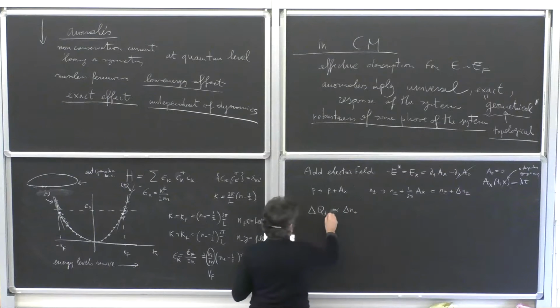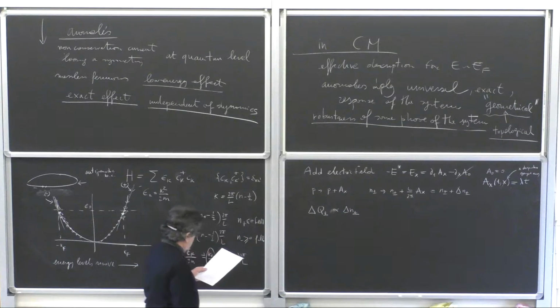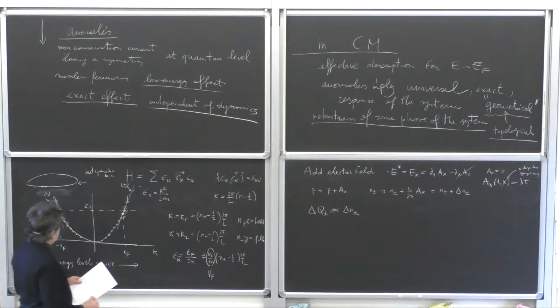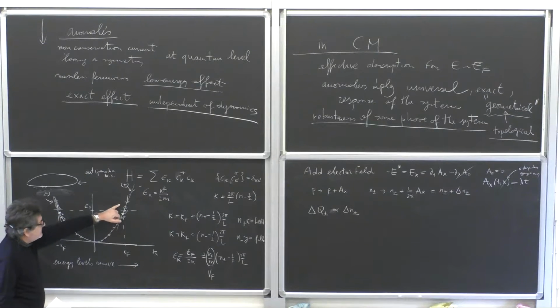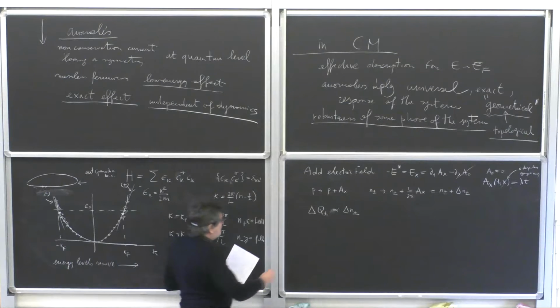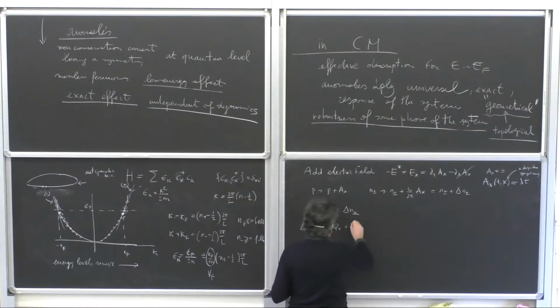So you see that the total charge is conserved, because here you get a negative charge and here you get a positive charge. So delta charge, which is delta Q plus Q minus, is equal to 0.